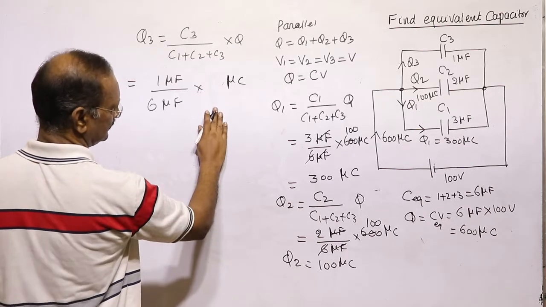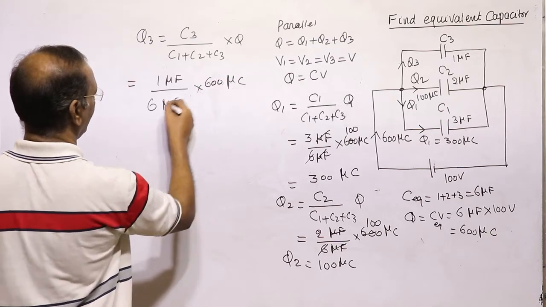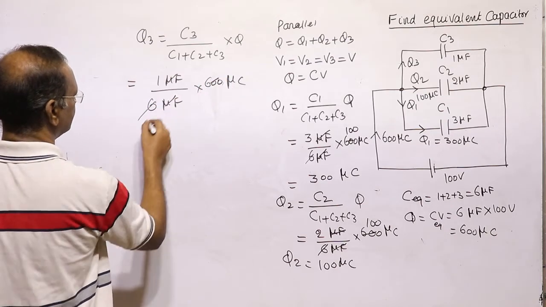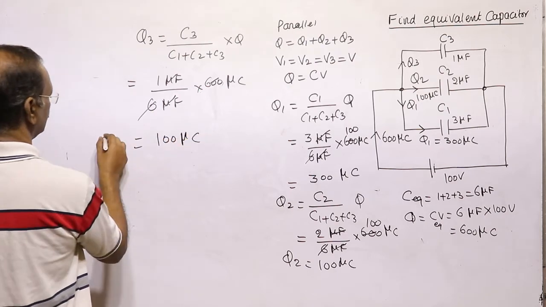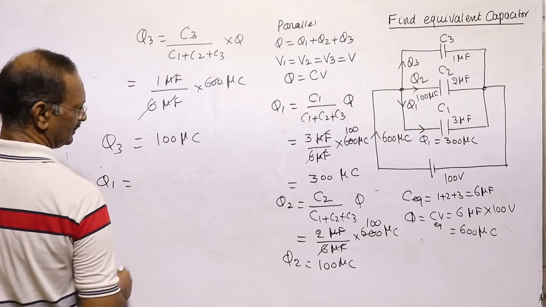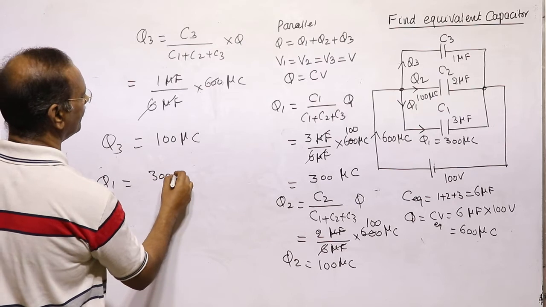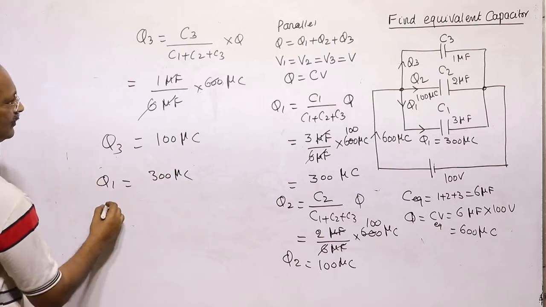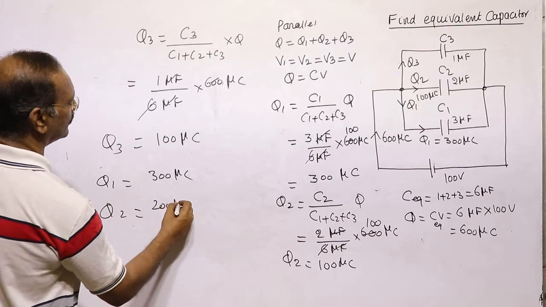The micro cancels, so Q3 is equal to 100 microcoulomb. Therefore Q1 is equal to 300 microcoulomb, Q2 is equal to 200 microcoulomb, and Q3 is 100 microcoulomb.